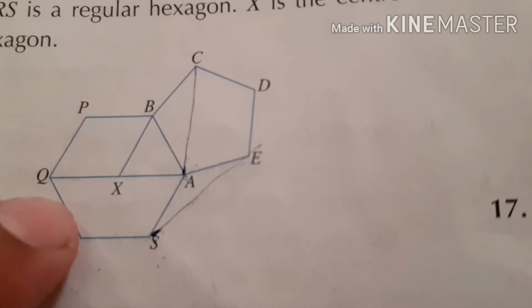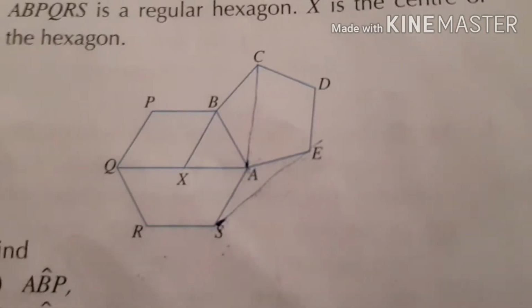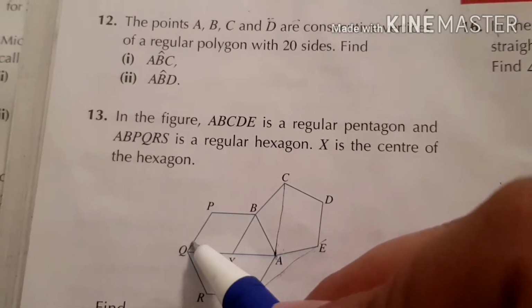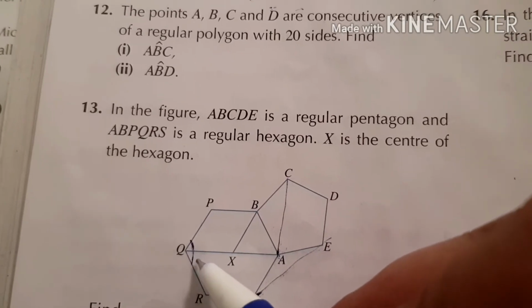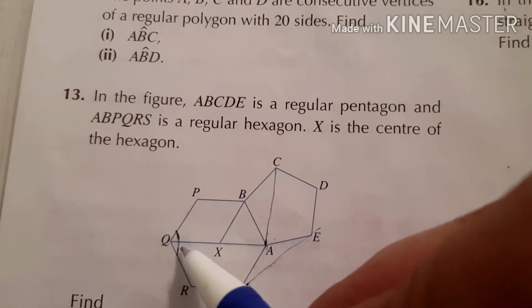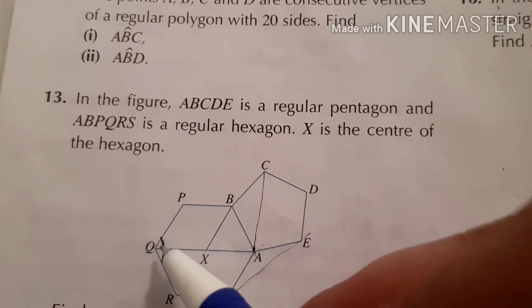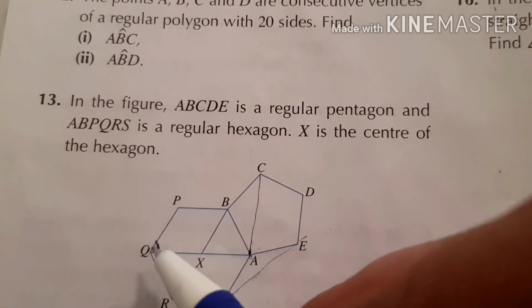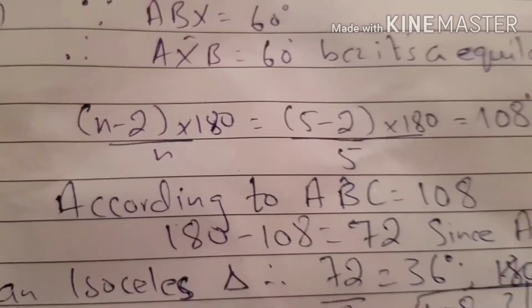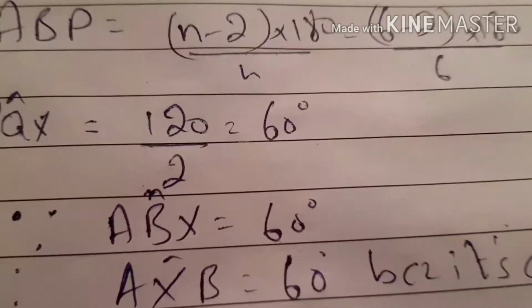The whole interior angle of this Q was 120, as it is the size of each interior angle of this hexagon, and it is divided into two by this line. So this will be equal to 120 divided by 2. So 120 divided by 2 will bring 60 degrees.